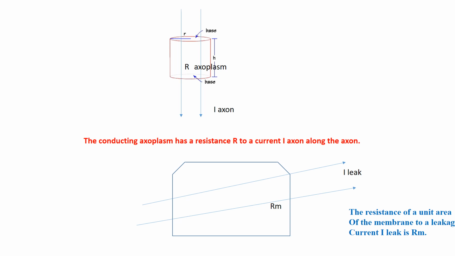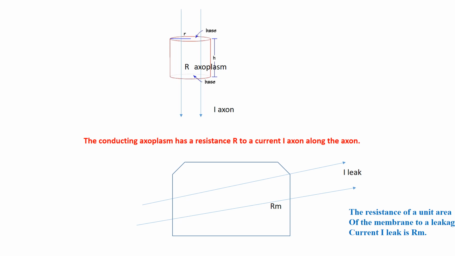This cable is cylindrical, so it has a length h and has a circular cross section of radius r, and the resistance of the conducting fluid axoplasm is R. And when this axon is stimulated, then the nerve pulses are transmitted along this cable, and they form a nerve current called I axon.